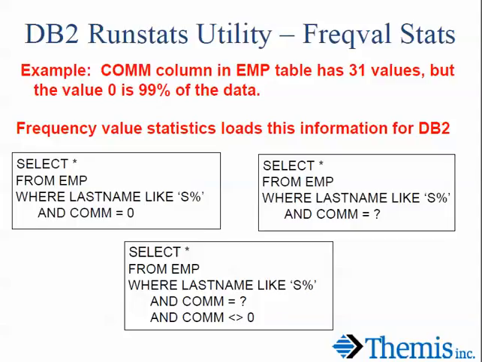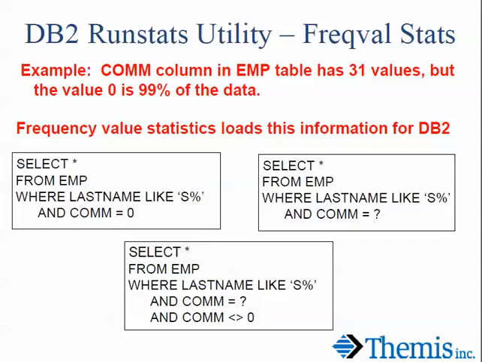If I go for any other commission value in my query that's not 0, then I code what I show in the bottom box. I put my commission equal to a host variable as a parameter marker, which could be any value coming in, but I also need to let DB2 know that what's sitting in that host variable is not going to be equal to 0.